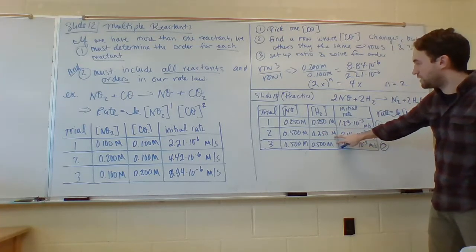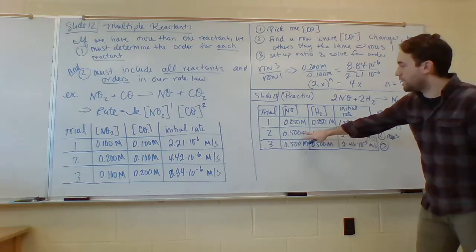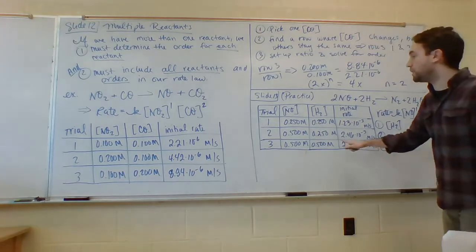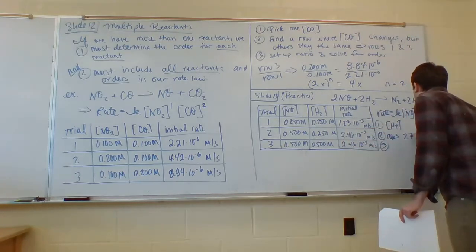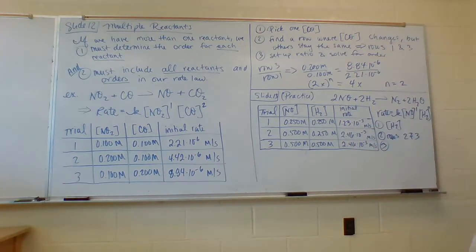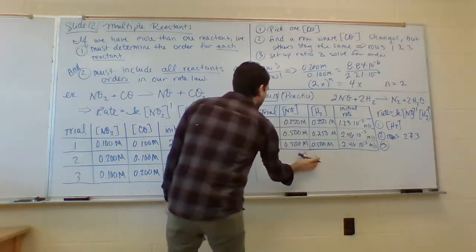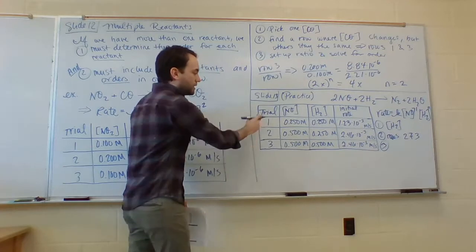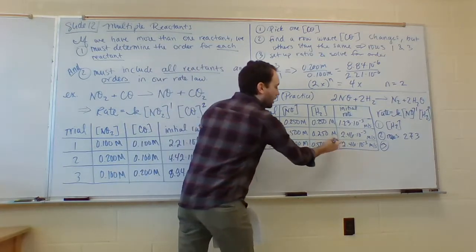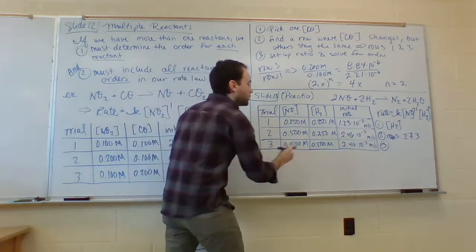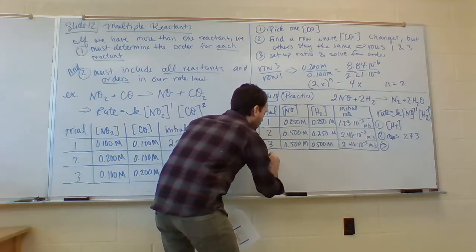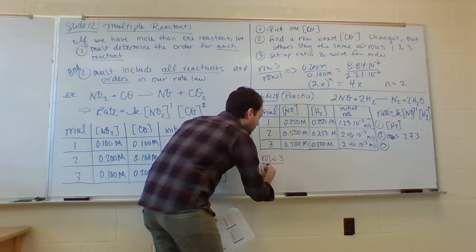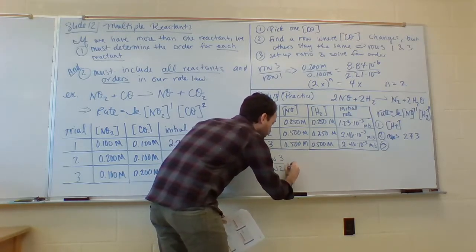Yes, we have a different concentration of our H2, and we do not have a different concentration for our NO. That means that we can use rows 2 and 3. Looking at rows 2 and 3, we're going to take the bigger row, not necessarily the bigger number of the row, but the row with the bigger concentration, and put that on top. So row 3 has a bigger concentration than row 2, so we're going to put row 3 over row 2.